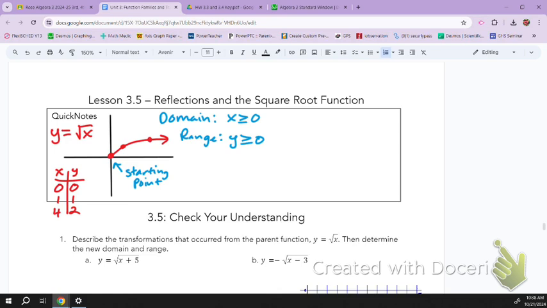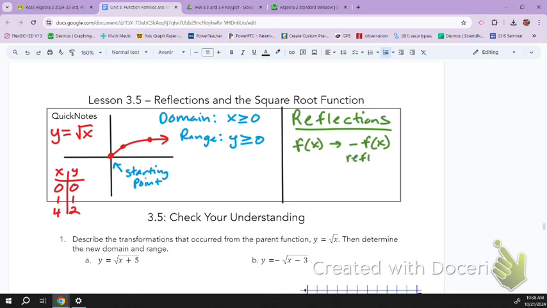We started by shifting it left, right, up, down. And today we added in reflections. We've got 2 types of reflections. We can take our function and make the outputs opposite, which causes a reflection over the x-axis.